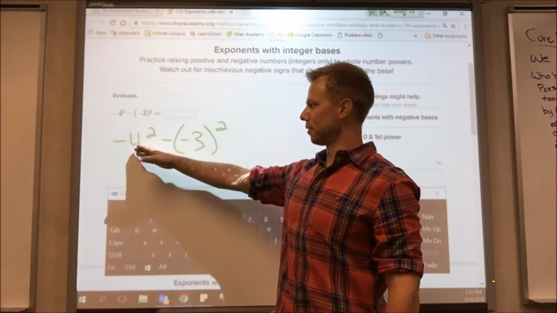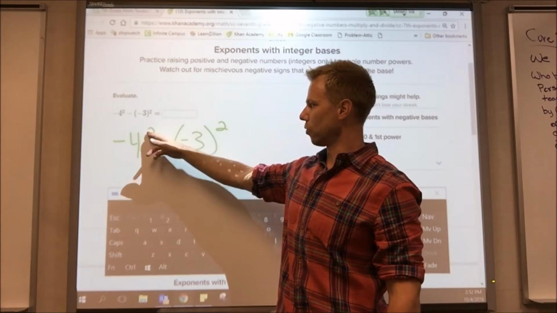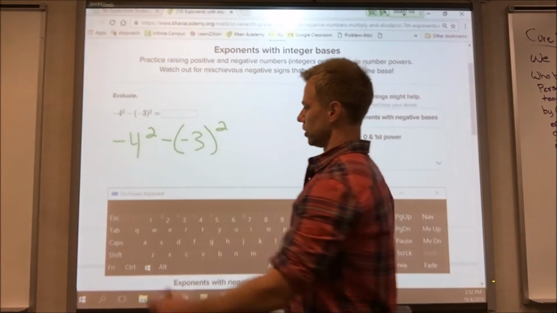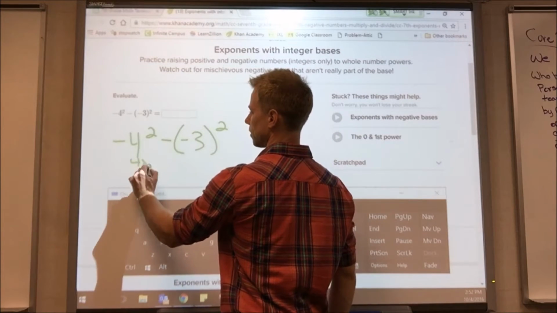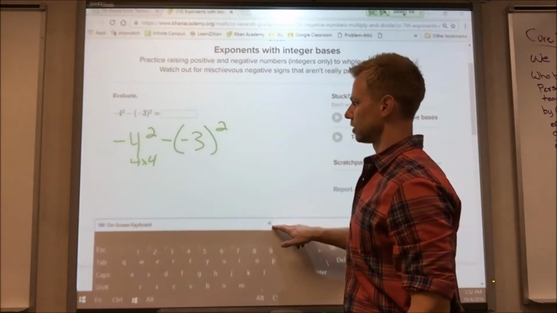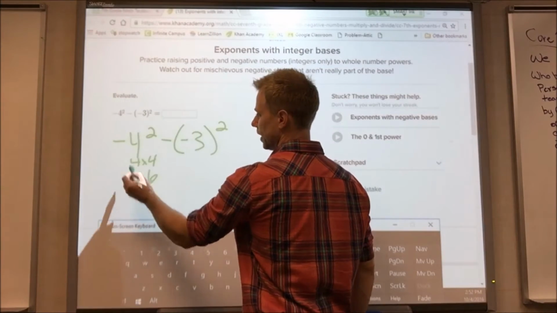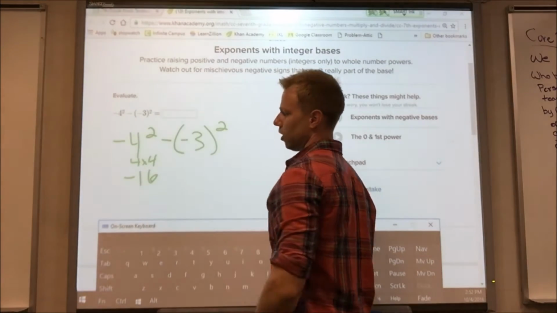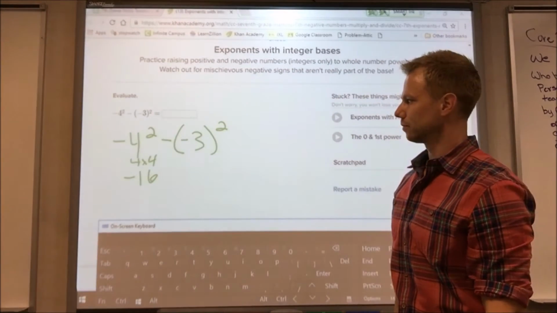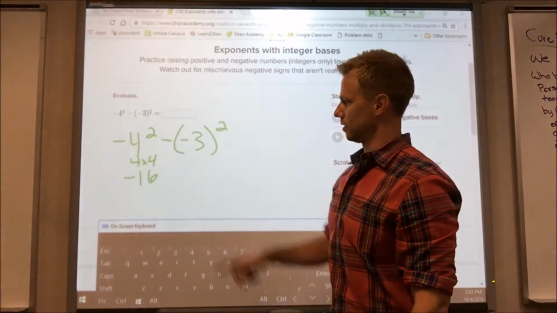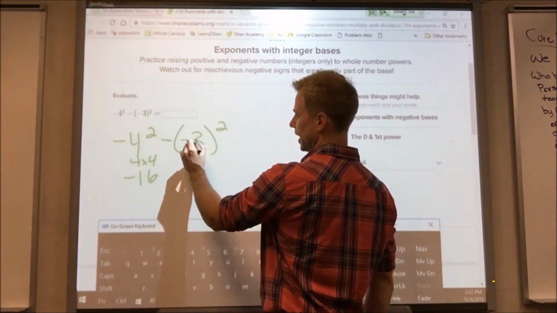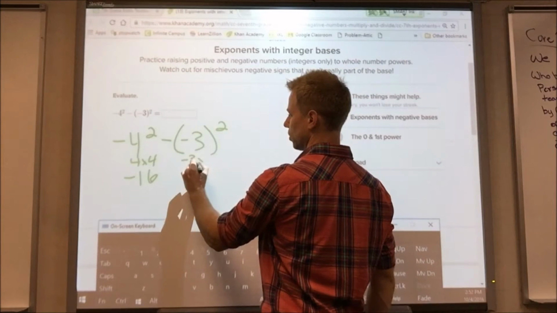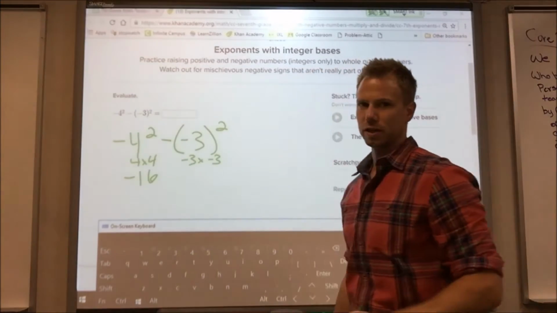When there's no parentheses, we're going to square 4, which is 4 times 4. 4 times 4 is 16. And then we're going to put that negative onto the 16. When there's parentheses, -3 squared, we do -3 times -3.